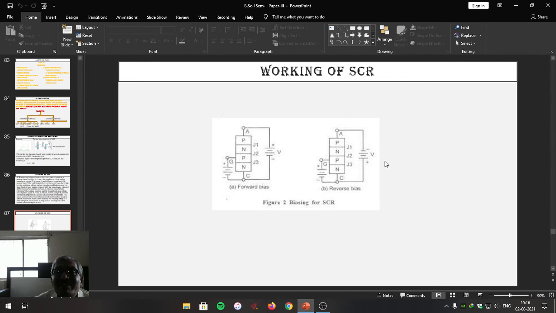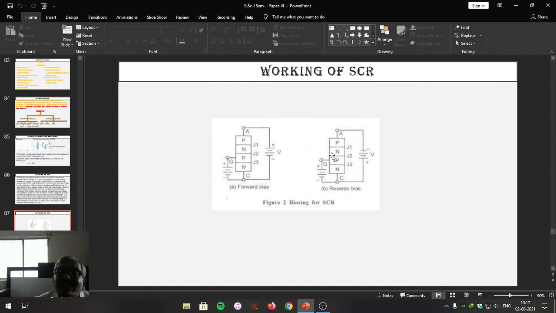Due to this reverse biased power supply, junctions J1 and J3 are now reverse biased, whereas J2 is forward biased. It is exactly opposite to the earlier case. As J1 and J3 are reverse biased, the width of the depletion layer across J1 and J3 increases as we increase the external applied voltage, because the charge carriers across J1 and J3 move away from the junctions.